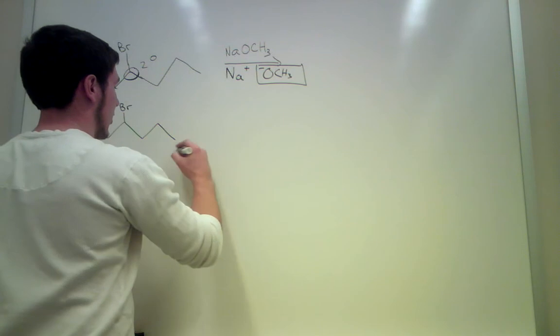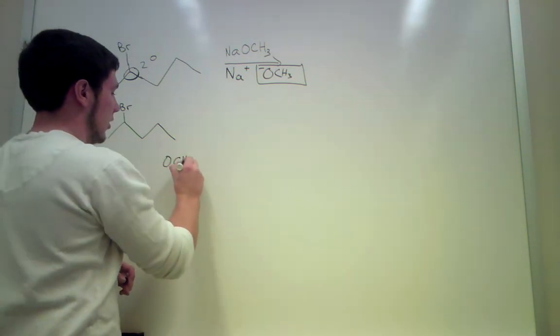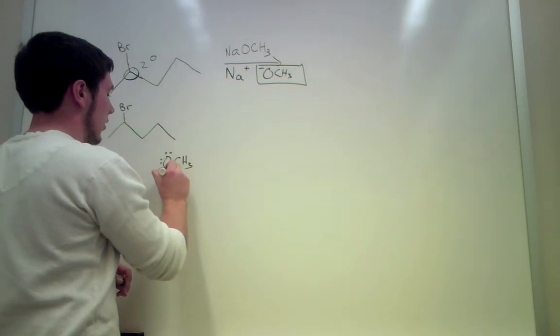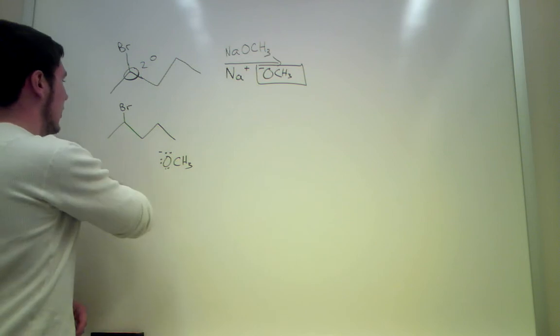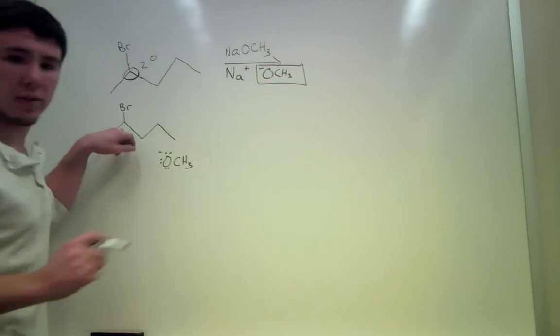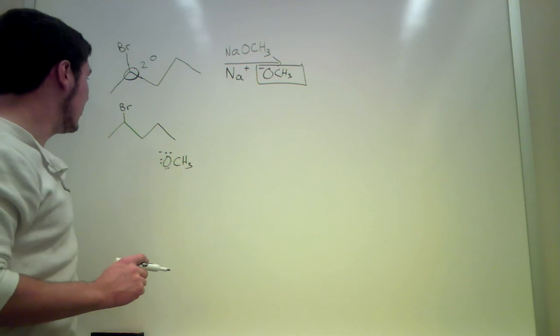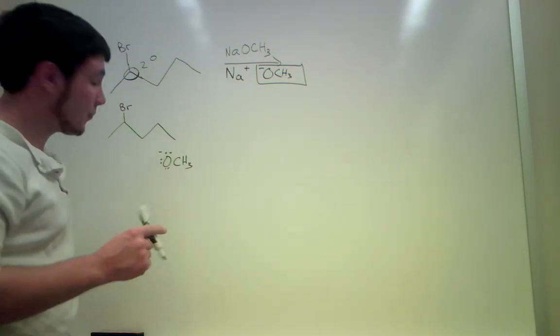So what we've got here, I'm just going to draw the methoxide for simplicity, is this negative methoxide, this anion, if you will, and it sees this opening on this electrophilic carbon.